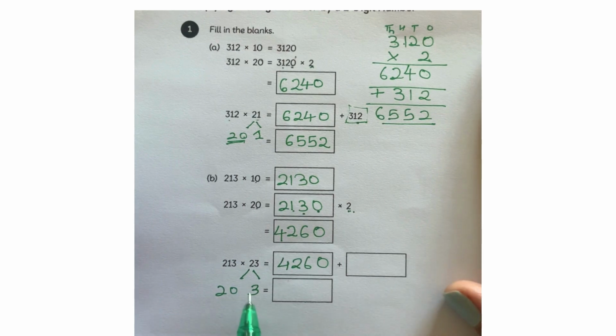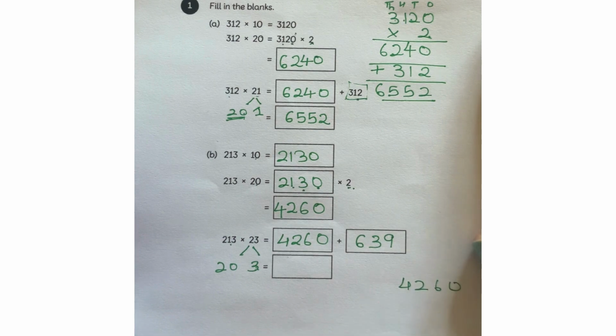Let's do the mental math. 3 times 3 is 9. 3 times 1 is 3. 3 times 2 is 6. Perfect. We got our answer. 3 times 213 is 639.